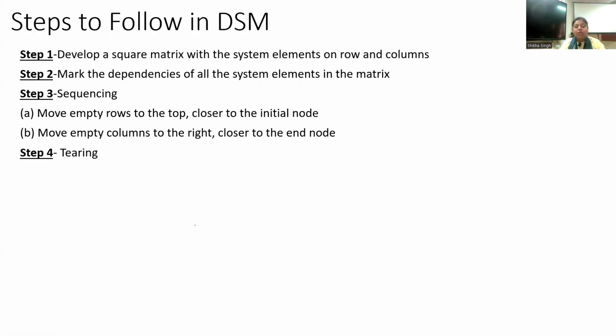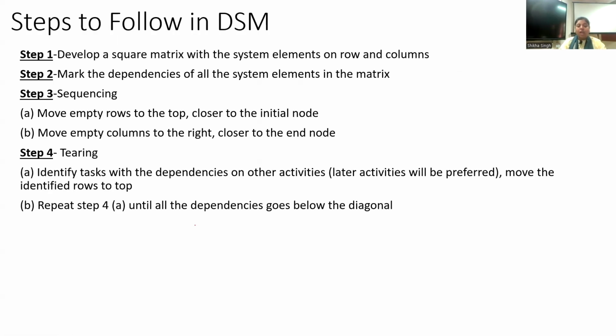So here we will try to remove the pairs, in order to remove the marks above the diagonal. All those marks which are above the diagonal are not favorable. So the target of DSM is to break down those feedback loops, right? These dependencies shown above the diagonal are actually representing the feedback loops.